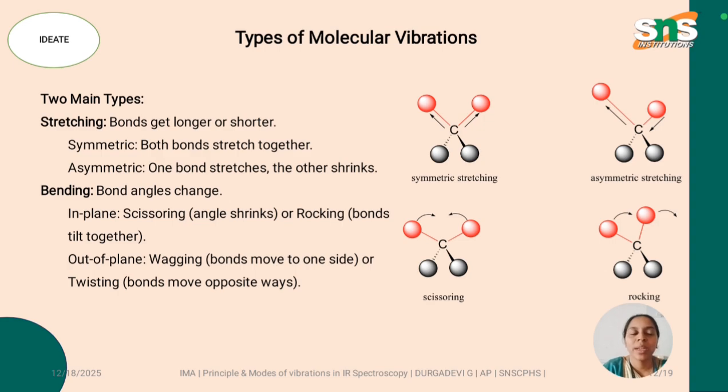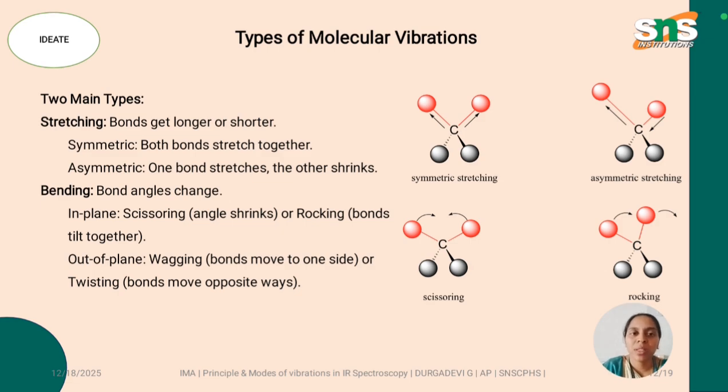So as you can see, in asymmetric stretching one bond is increasing its bond length, whereas the other is decreasing its bond length. Symmetric and asymmetric stretching are all about the bond length; in symmetric stretching they happen together, whereas in asymmetric stretching if one increases then the other shrinks.